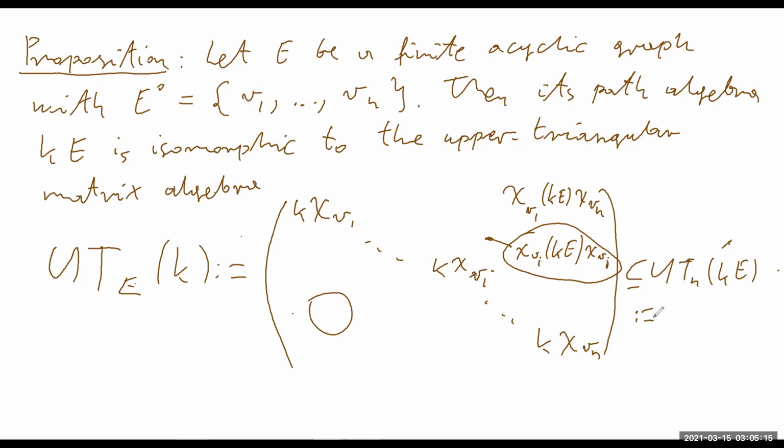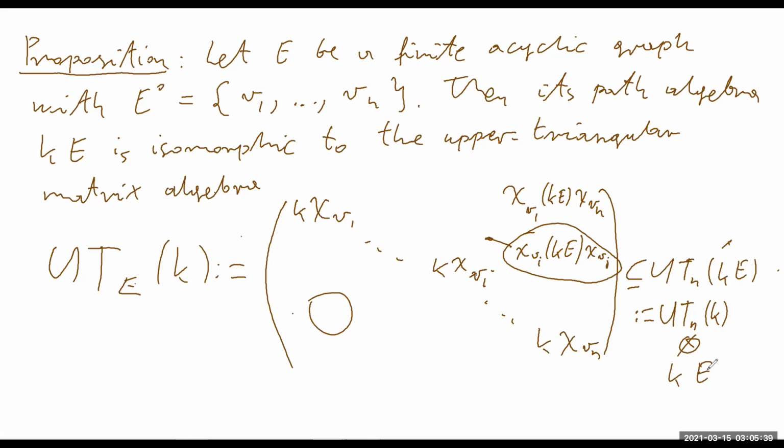If you have the algebra of matrices with entries in another algebra, then you can write it down as a tensor product. Here I can just take it as the definition. So I take the usual algebra of upper triangular matrices over the field K, and I tensor product it with the path algebra. Okay.